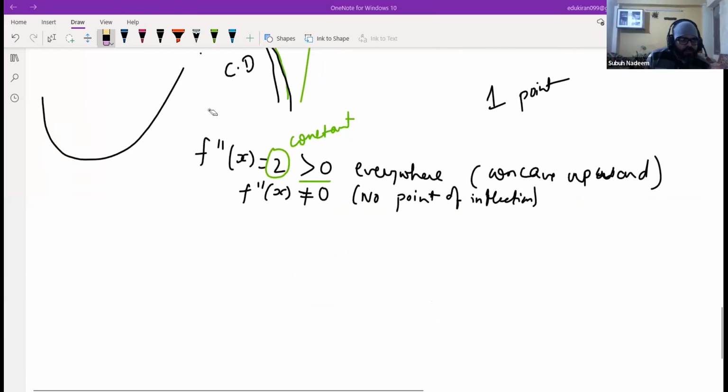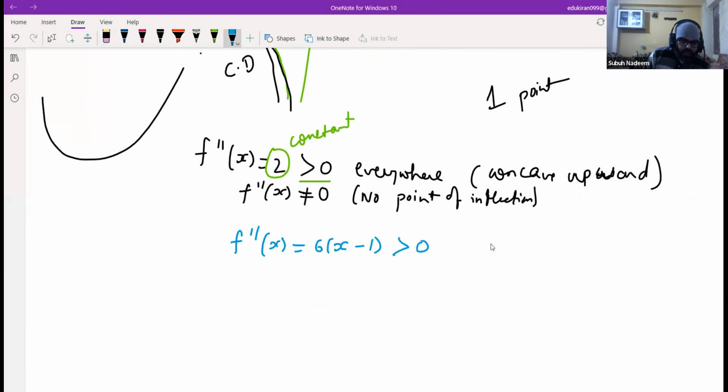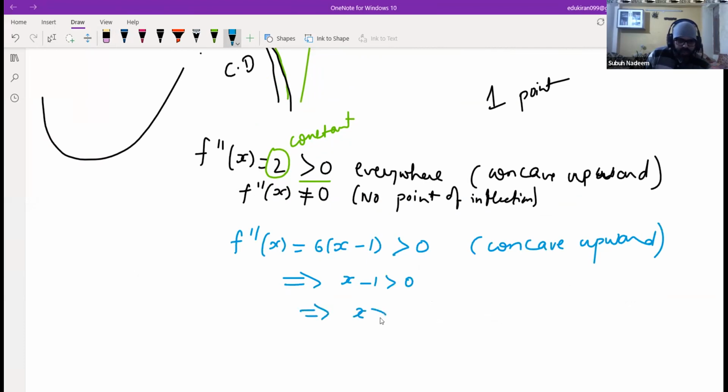Now, for concave upward, it should be greater than 0, right? This means x minus 1 should be greater than 0, because 6 divided into 0 will become 0. So x is greater than 1.